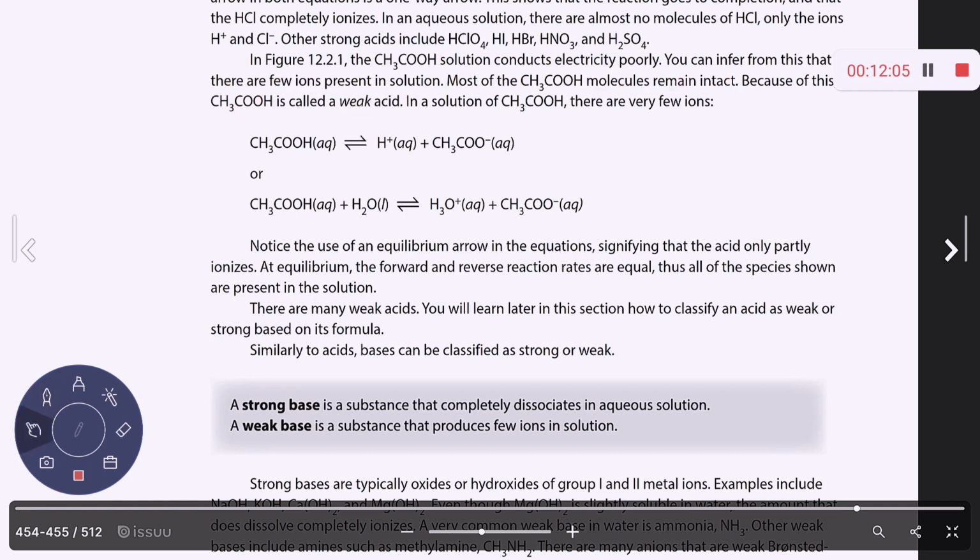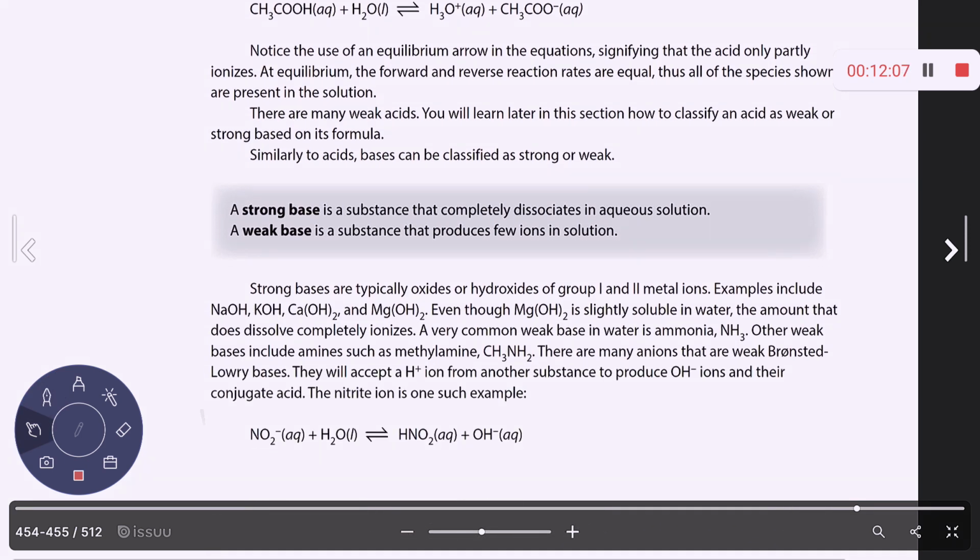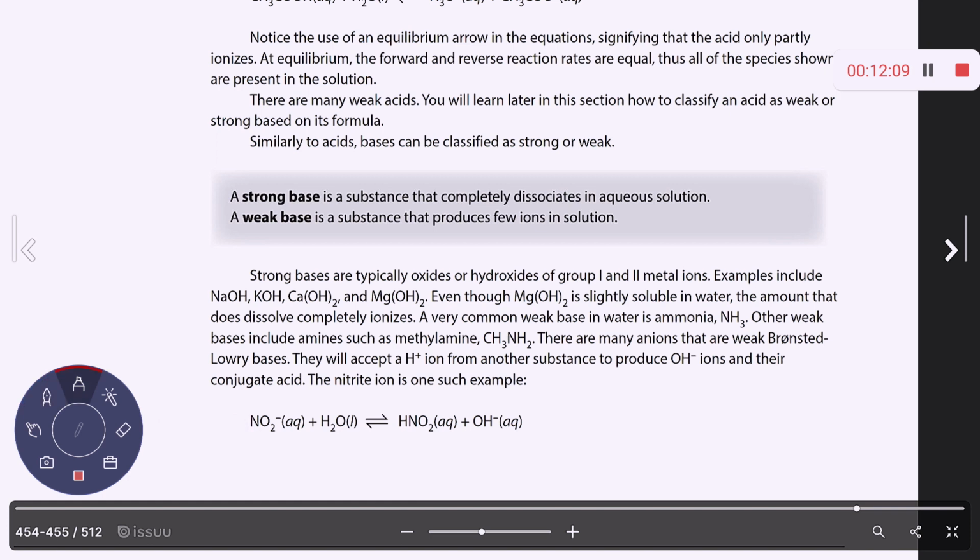Okay, so for bases, the same thing pretty much applies. Strong bases completely ionize or completely dissociate in solution. Weak bases produce very few ions in solution. Some examples of strong bases would be sodium hydroxide, potassium hydroxide, calcium hydroxide, and magnesium hydroxide.